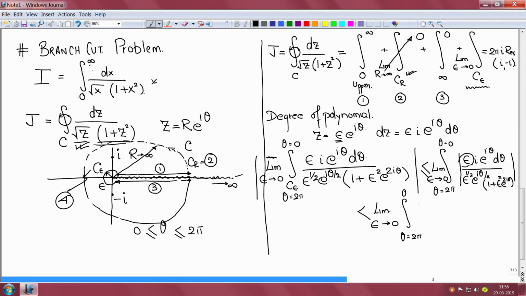Then we replace: the i e to the power i theta go away, leaving epsilon d theta by epsilon to the power of half, and e to the power i theta has magnitude 1.